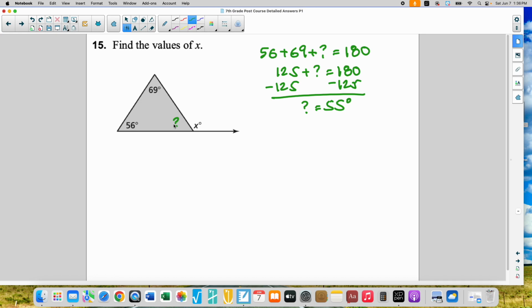So this missing angle is equal to 55, and we know that these are supplementary. So x plus 55 is going to equal 180, so your x is going to be 125 degrees.